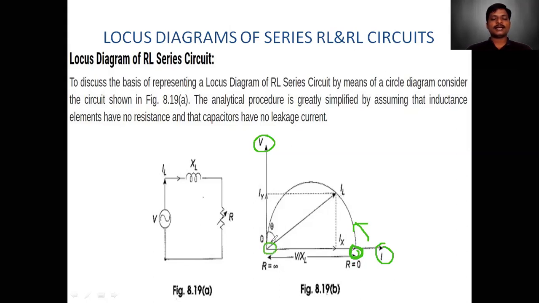So at R equal to infinity, which means there is only resistance, very negligible reactance, this current vector is going to be in phase with the voltage, because when compared to the high amount of resistance, the inductance value is very low. In that case, the current vector will be in phase with voltage vector.